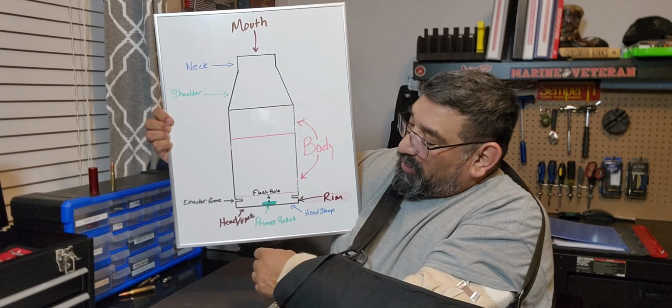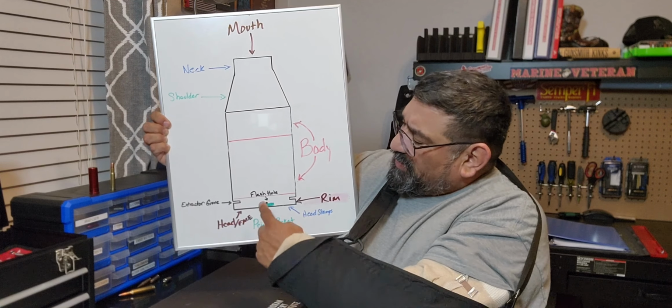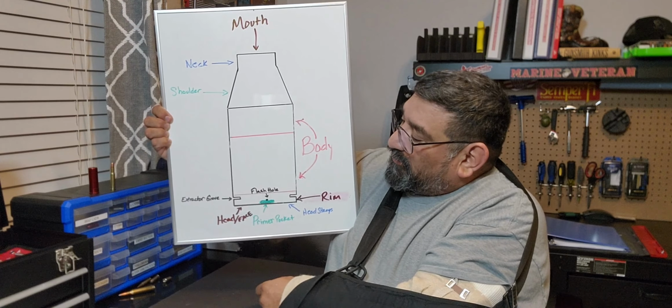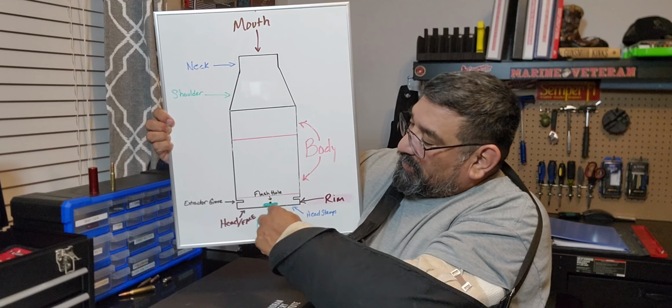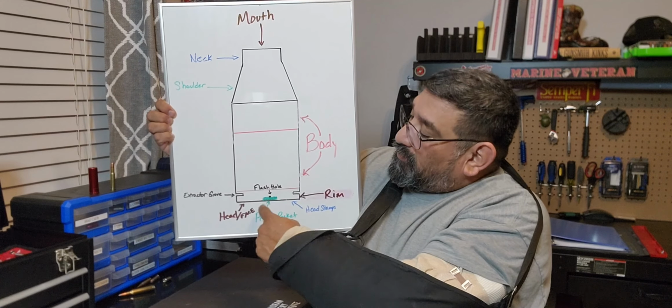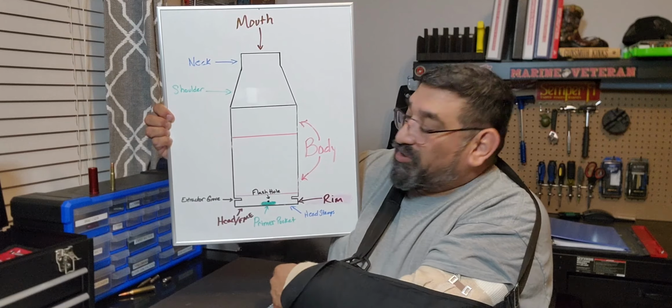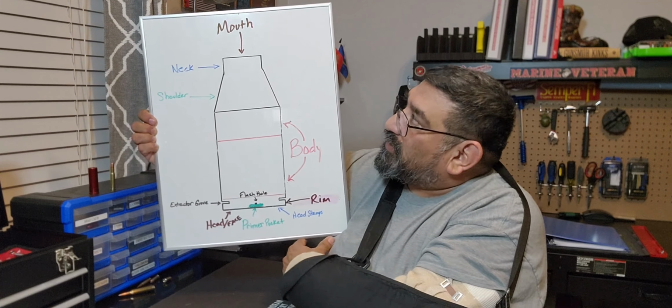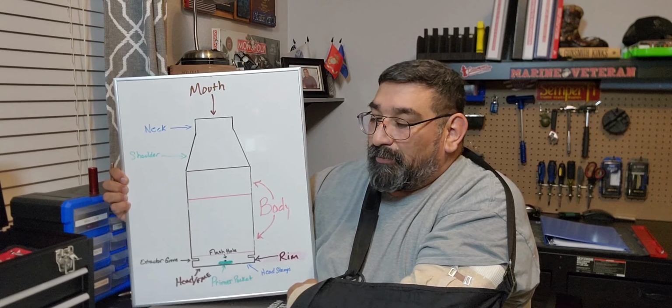Also has the primer pocket in the middle, which has, of course, the primer in a flash hole that allows a spark to go into the body and ignite the propellant. So there's that.